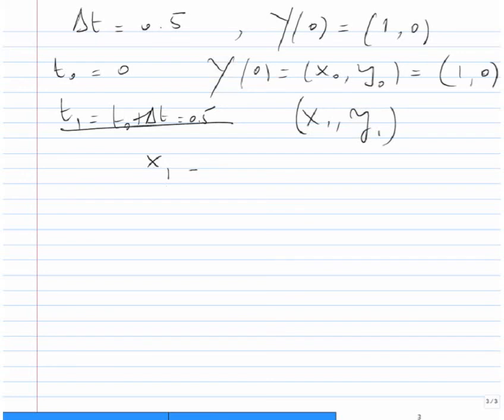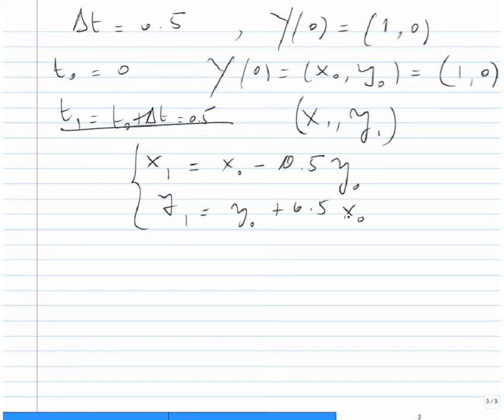So x1 is equal to x0 minus 0.5 times y0, and y1 equal y0 plus 0.5 x0.